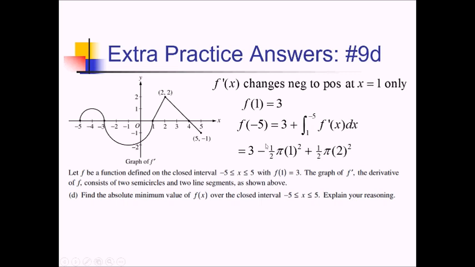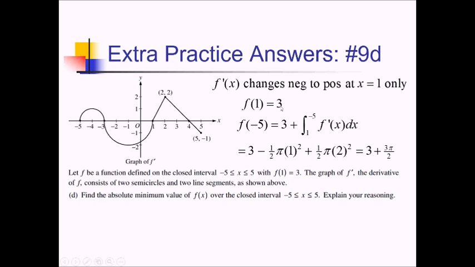So minus 1/2 plus 2, that's going to be 3/2 pi, 3 pi over 2. And we're adding that to 3 here. You might not know what this comes out to exactly, but this is 3 plus a positive. So we know that 3 plus 3 pi over 2 is going to be greater than 3. So this number we just got cannot be the absolute min.